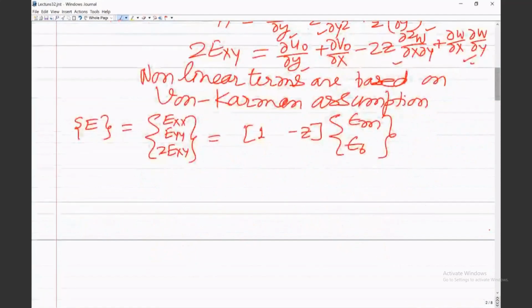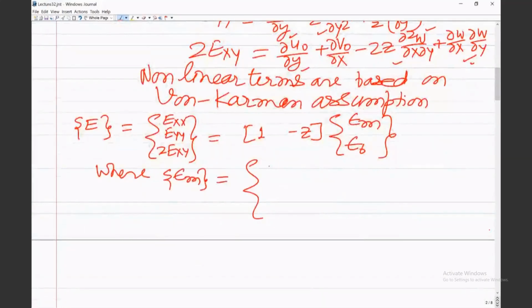Now let me define what epsilon m and epsilon b are. So epsilon m is equal to, I already told you which set of terms we are calling membrane strain, which is independent of the thickness coordinate. So del u naught by del x plus half of del w by del x whole square. The contributions to strain from these are independent of the z coordinate, so we are calling them membrane strain.